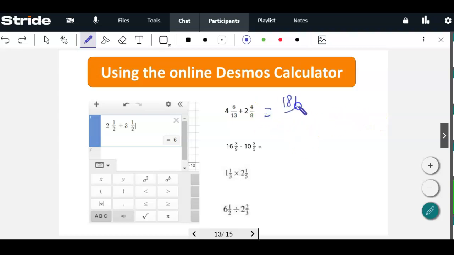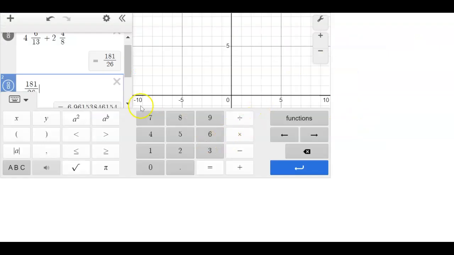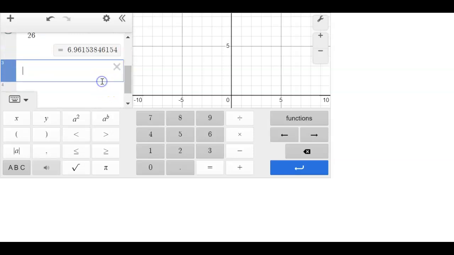Oof. We know it's 6 something. So if I do 181, and let me just put it on the calculator again, 181 times 6, oops, divided by 6, I'm sorry.